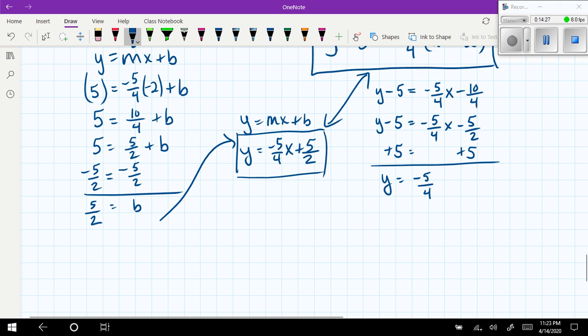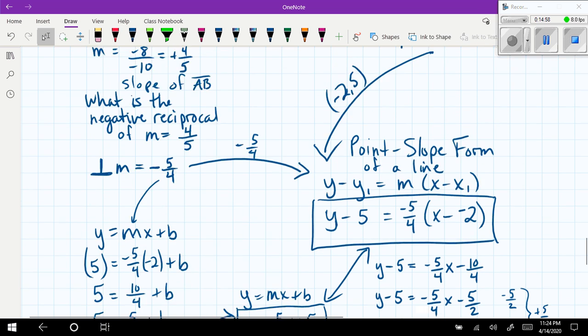I might have to go to the side and say negative 5 over 2, and turn this 5 in here into a positive 10 over 2. I put these together and that will leave me with a positive 5 over 2, which is what I need. Whoops, I lost my x. And then plus 5 over 2. And you can see it certainly did check, didn't it? Okay, so there you have it.